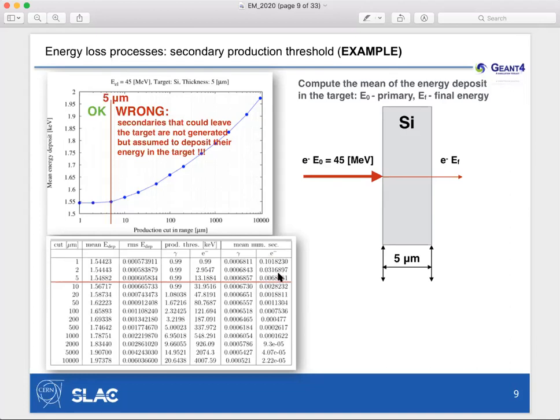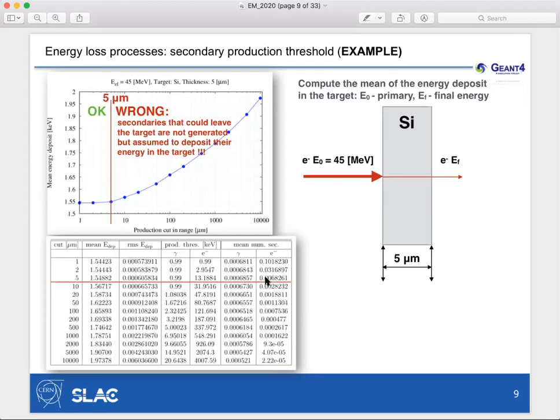And in the last column you can see the mean number of secondary electrons produced. So when you move from 1 micron to 2, you immediately reduce down to 30%.